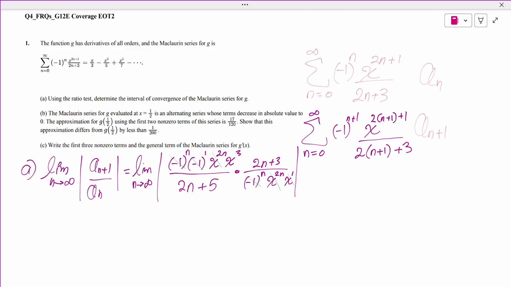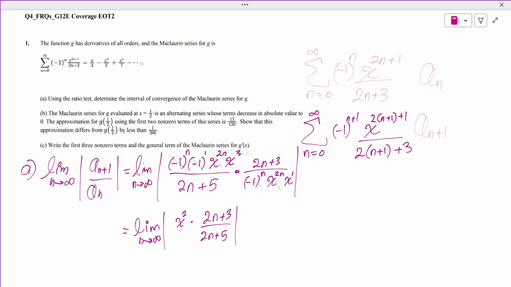This x with this cube becomes squared. So the limit as n goes to infinity of x squared times (2n plus 3) over (2n plus 5). So this limit is equal to what? x squared, right?